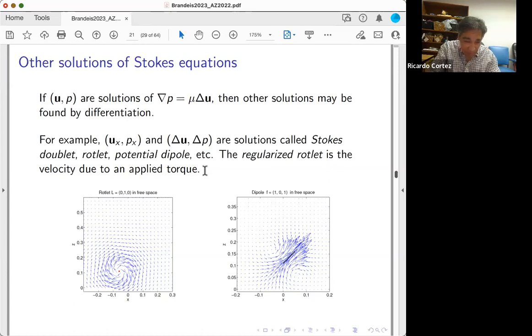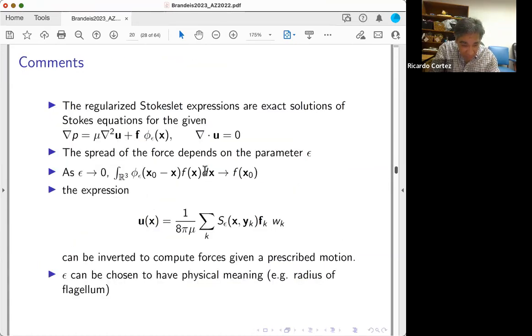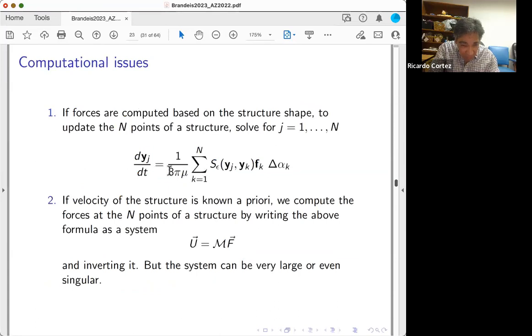But the other thing that happens is, if I have to have a model for the forces, so if I have a flagellum, for example, I might have some way of computing my forces like Peskin does in his fibers or something like that. And so if I have a way of computing forces along the flagellum, then I can find the velocity at any point. But what if I have it the other way around?